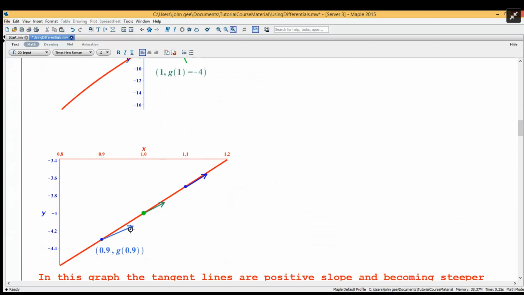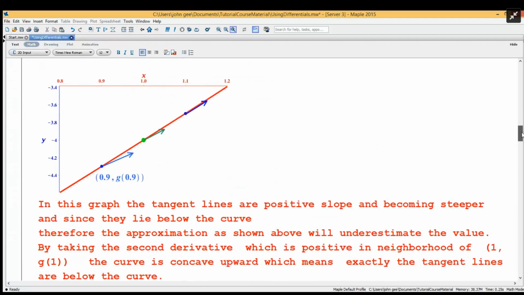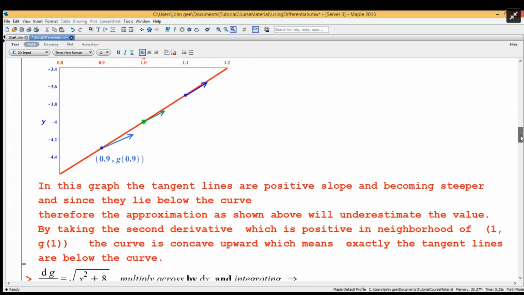You can see the tangent line, as we move along from 0.9 to 1 to 1.1, becomes steeper and steeper. So to answer the second part of this question, the tangent lines have positive slope and become steeper, and since they lie below the curve, the approximation will underestimate the value of the function.